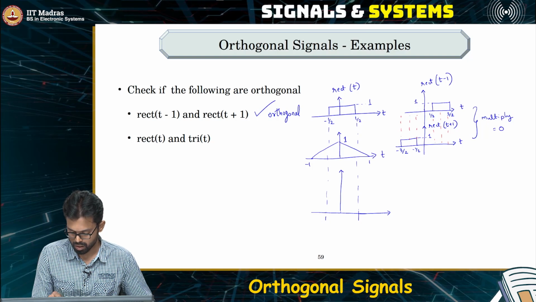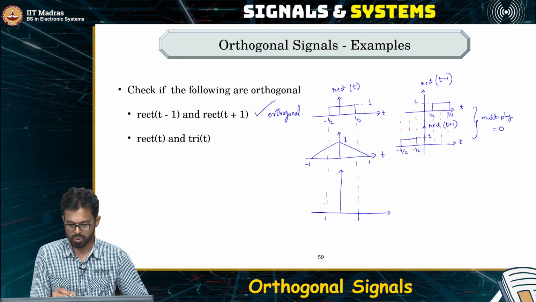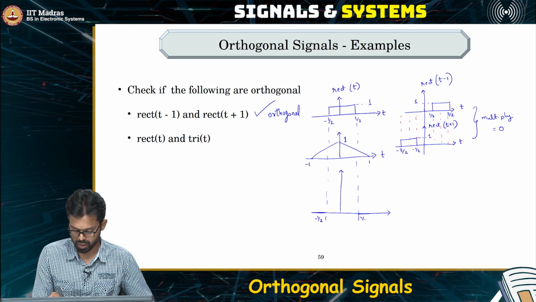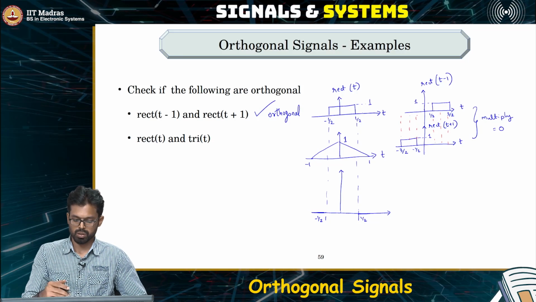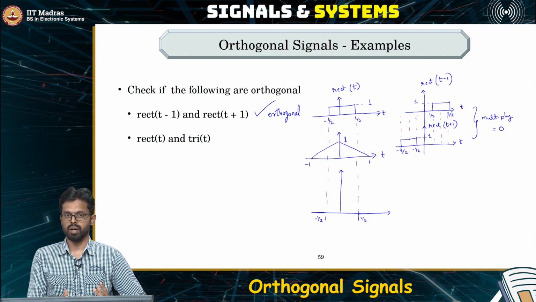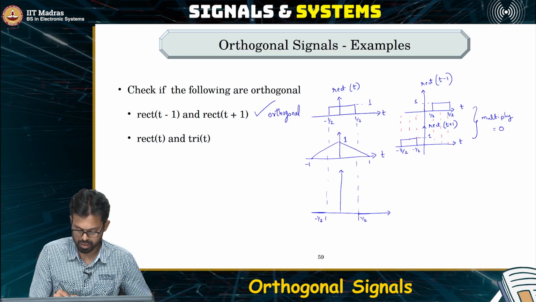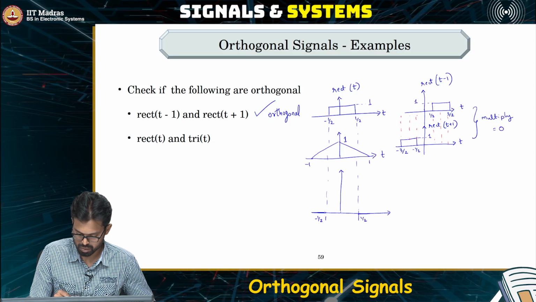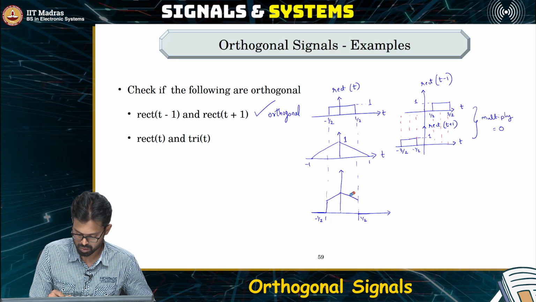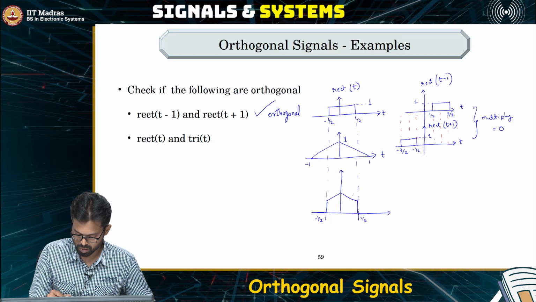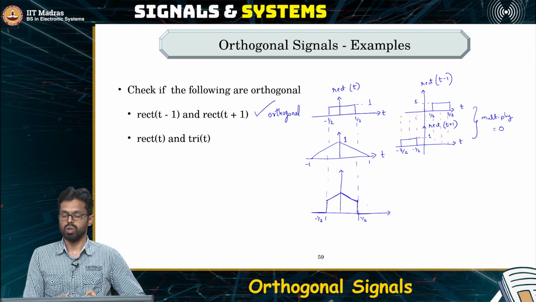the signal which we obtain by taking the product of these two is going to be 0 outside minus half and plus half, because the rectangular function is 0, whatever you multiply with them is going to be 0. So inside minus half to plus half is where we'll have the non-zero part, and that turns out to be nothing but so this is what we have as the product.